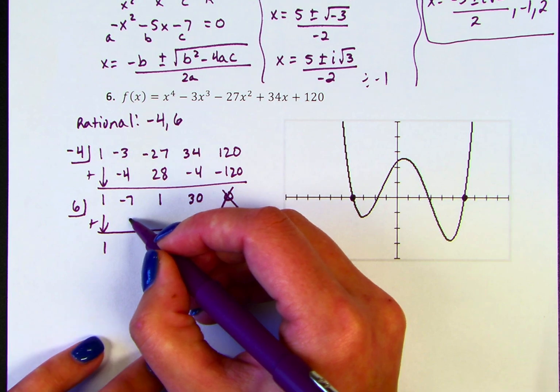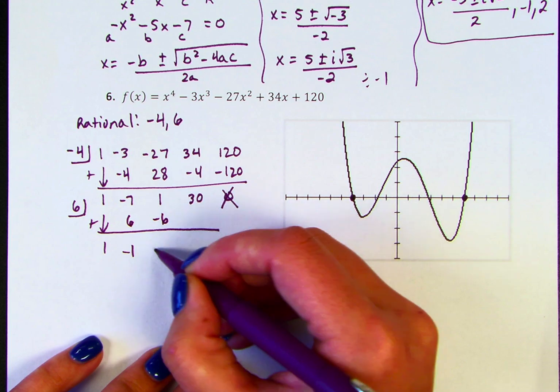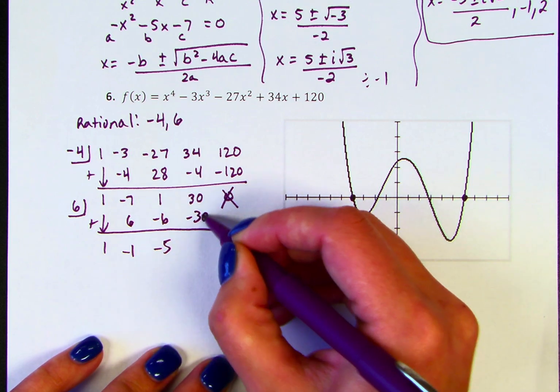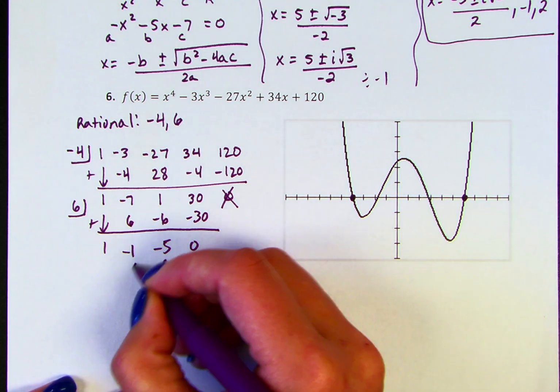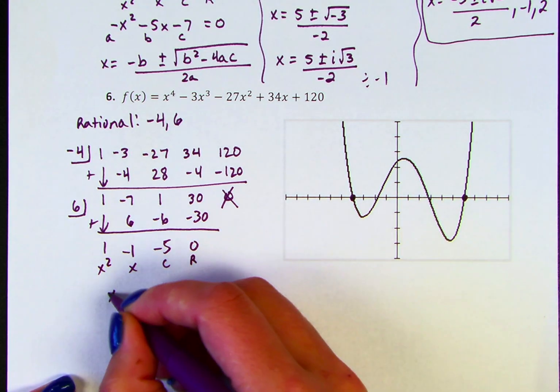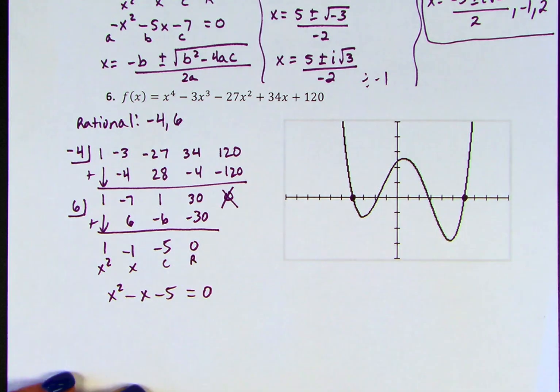So again, if you need to pause the video to do the division, go ahead and do that. And we should also be getting a remainder of 0 for that last one. And then we are putting this one back into that equation. So x squared minus x minus 5, setting it equal to 0.